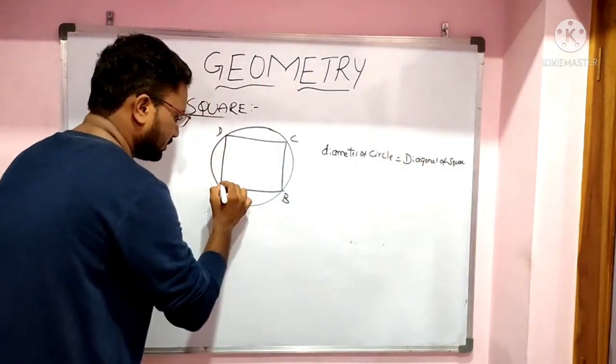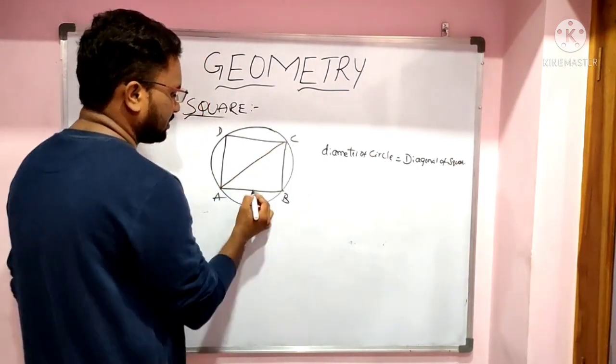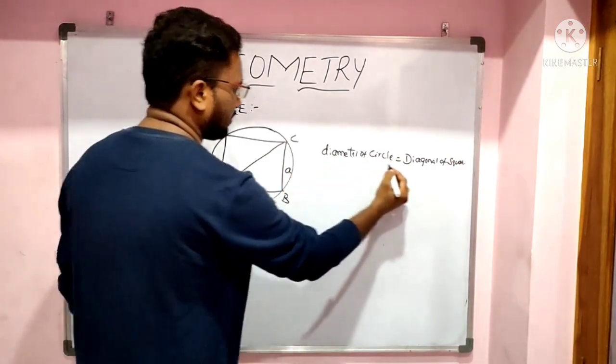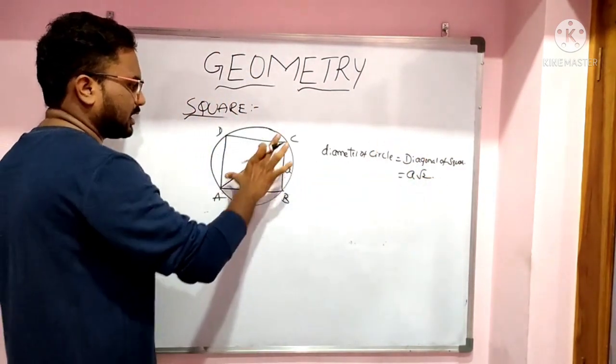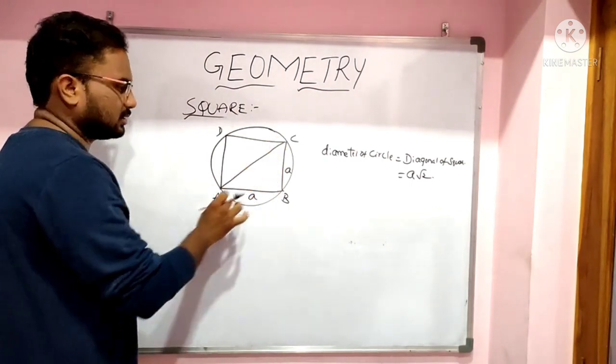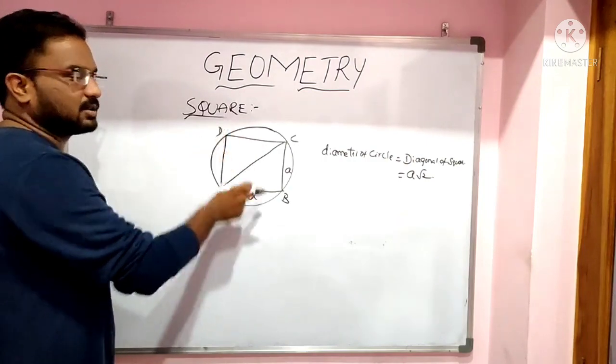That means this is the diameter. Let us say if this is A and this is A, then diameter equal to A root 2. This is the diagonal and this is the diameter. Diagonal of square equal to diameter of the circle.